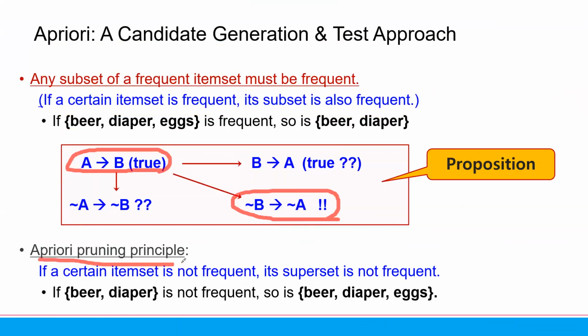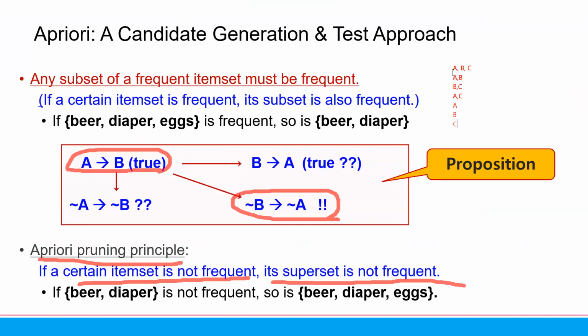So the Apriori pruning principle is like this proposition. If a certain item set is not frequent, then its superset is not frequent. As I mentioned before, if ABC is frequent, then AB, BC, AC, A, B, and C are frequent.